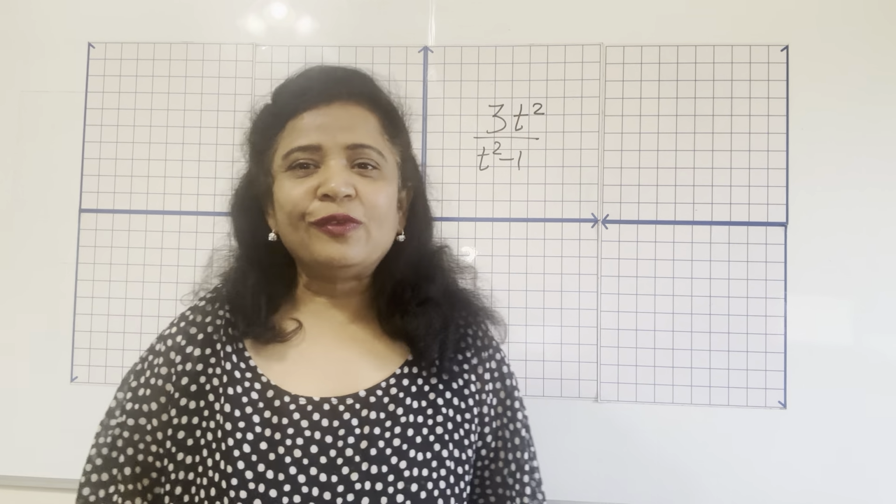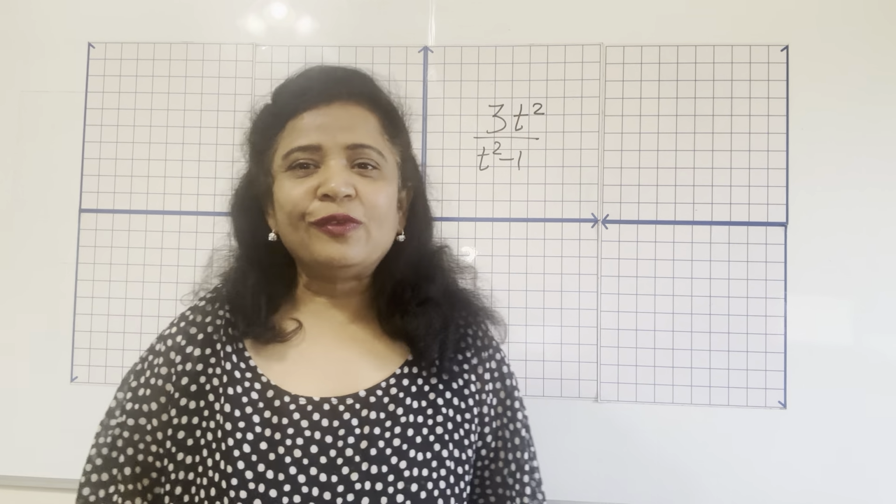That means t squared, adding plus 1 on both sides to solve it, t squared is equal to 1, or t is equal to plus and minus 1. Here the restriction is that t cannot be positive 1 or negative 1. So this is the restriction this equation has to follow. Other than that, we can have all real values. These are the restrictions we are going to see in some more examples.